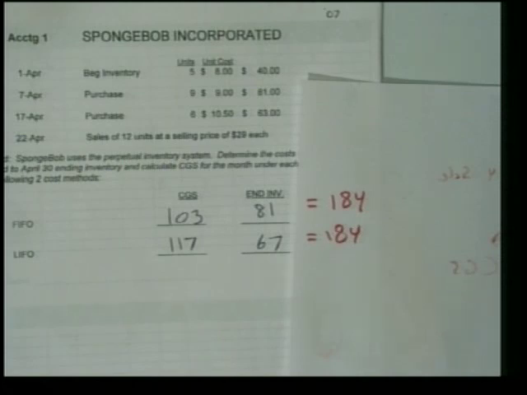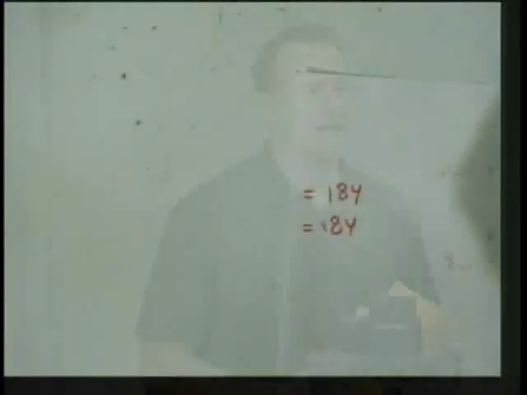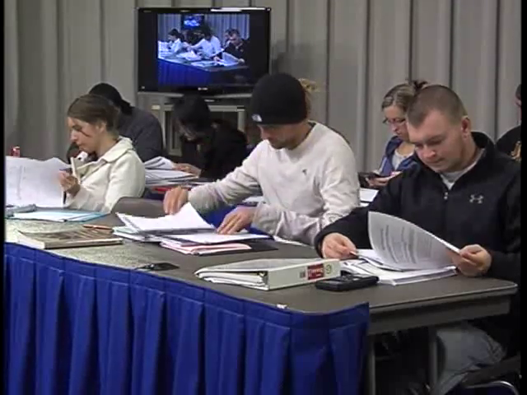Okay? Now that being said, take a look real quick, get your calculators out, and look at your answers on the new technique. And add those two numbers up. And see if they equal the same sum for each of your methods: FIFO, LIFO, and weighted average. Okay? Do that real quick.